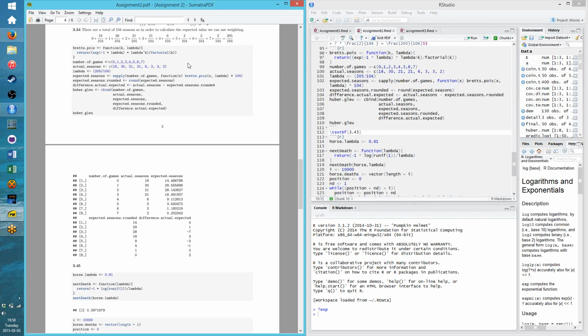Okay, so Andy wanted me to present on question 3.34, which I've got pulled up here in R and my R Markdown file. I think something Andy wanted me to highlight was my usage of R, which after last term in the summer session I'm a little more comfortable with.